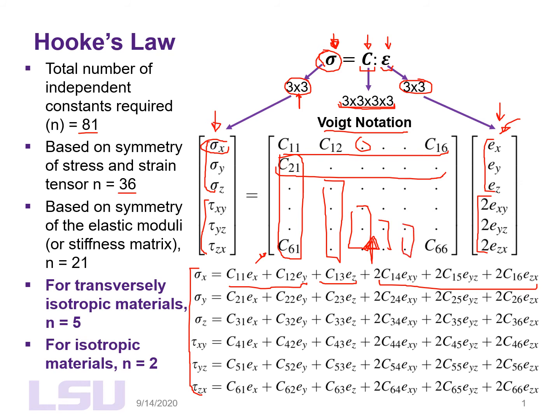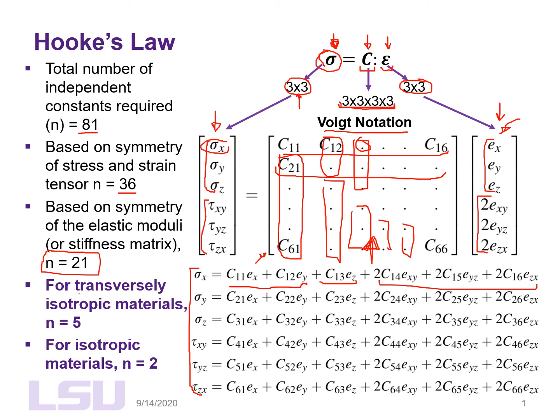So if you count only the terms you need, you are left with 1 plus 2, 2 terms here, right? Plus 3, plus 4, plus 5, plus 6. And 1 plus 2 plus 3 plus 4 plus 5 plus 6 gives you 21. So you only need 21 independent constants to define this elastic stiffness matrix for an anisotropic system.